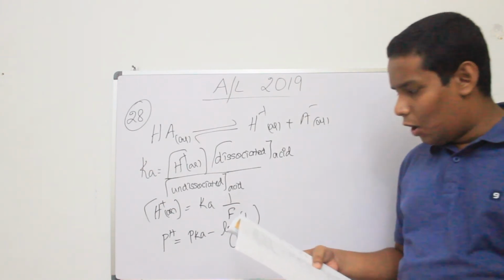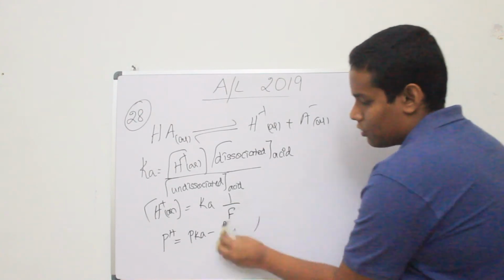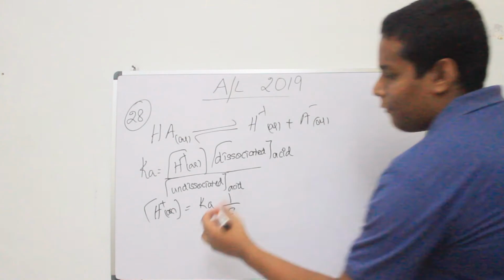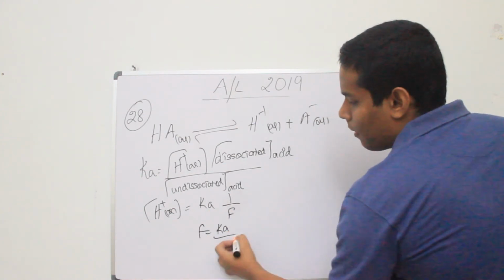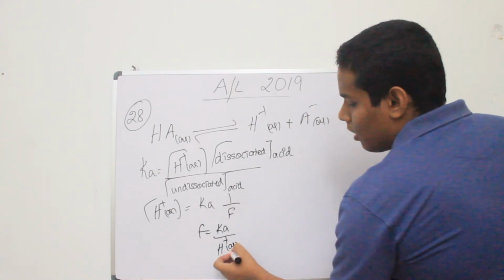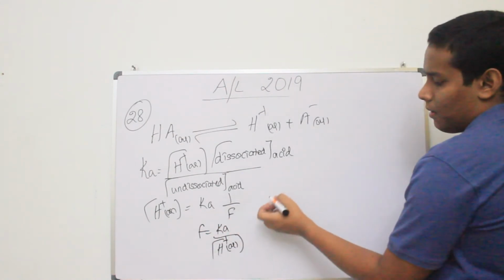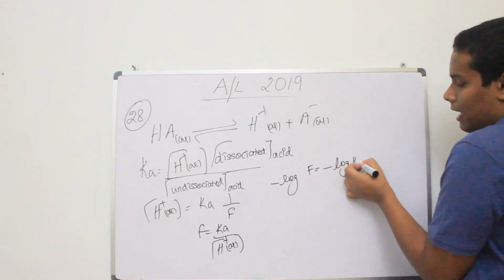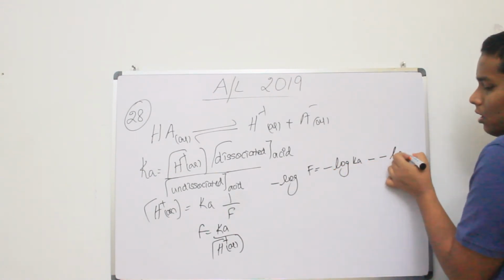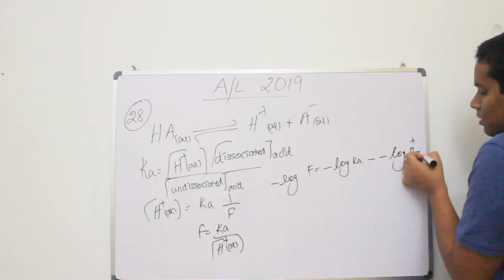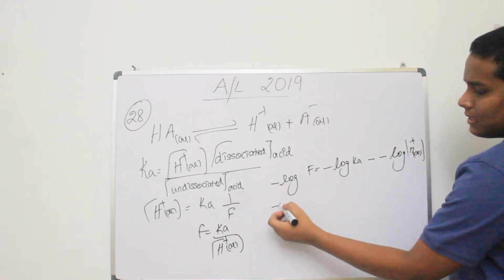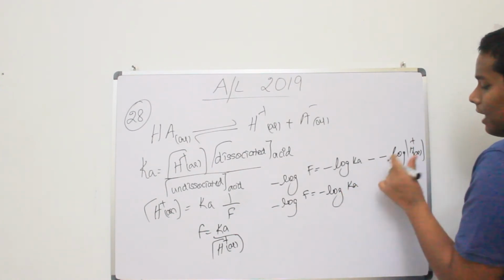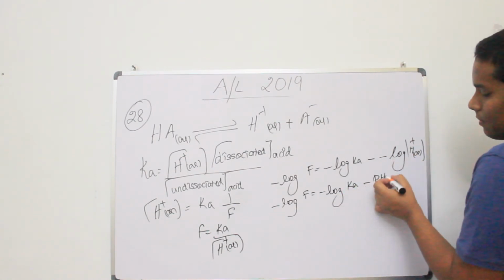So since we need it for log F, I am going to rearrange this equation like this. F equal to Ka over H plus aqueous concentration. So if I take minus log everywhere, minus log F equal to minus log Ka minus log H plus aqueous concentration. So minus log F equal to minus log Ka, this is pH, minus pH.